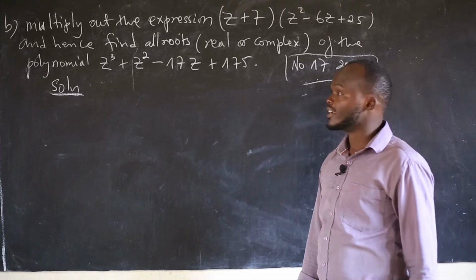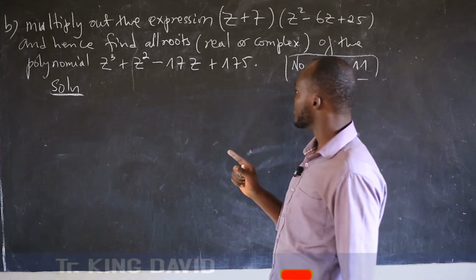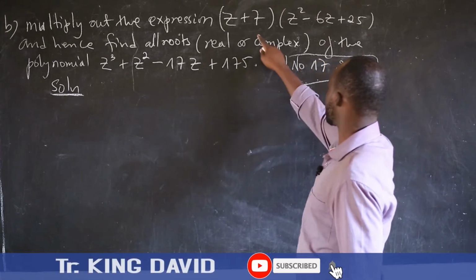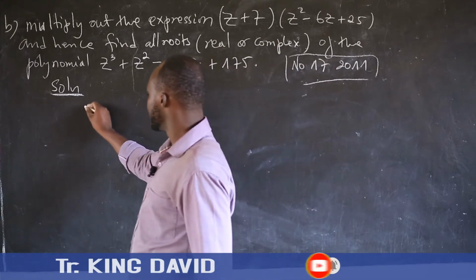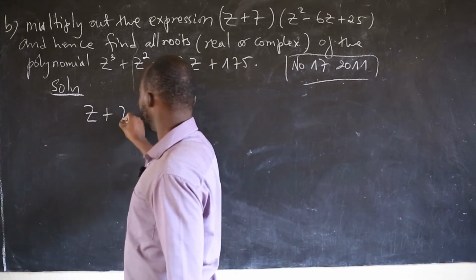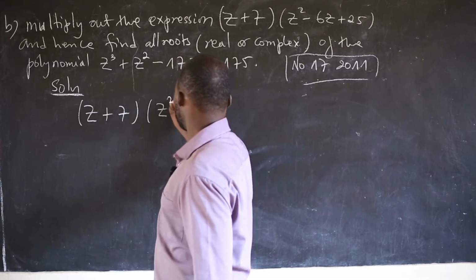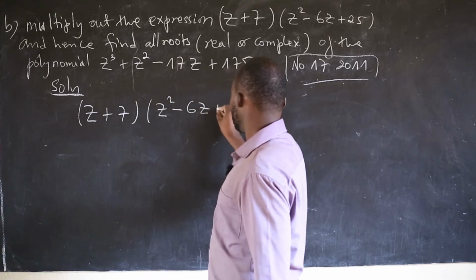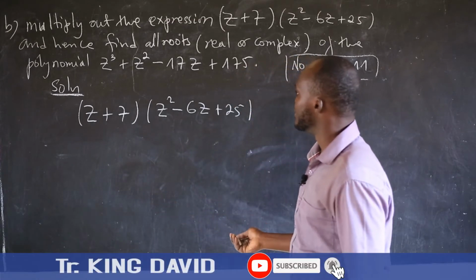12B is saying multiply out the expression. That's the first question. What is that expression? It is this one: z plus 7, into bracket z squared minus 6z plus 25. When we need to multiply, it's like expanding.